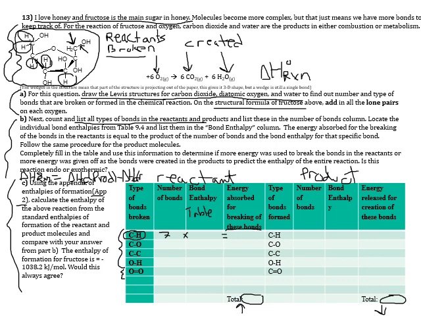And remember, you have to make sure to multiply each one of those heats of formation by its stoichiometric coefficient. If you forget how to do that, go back to Chapter 6. That's called the direct method, and there are some examples back there.